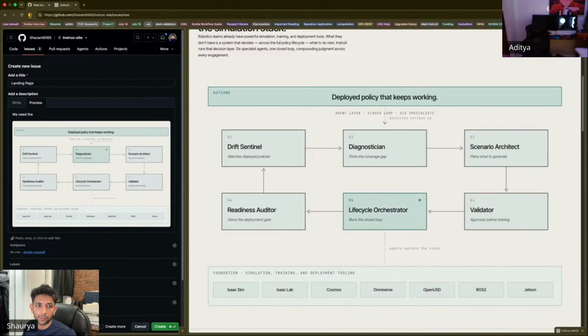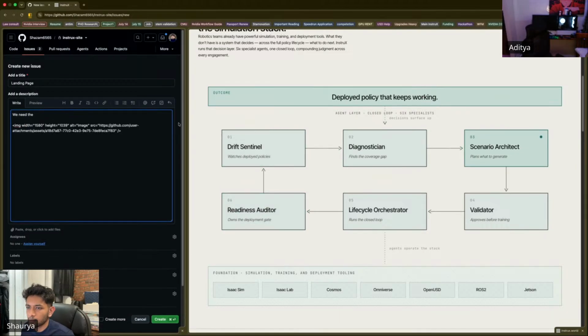Yeah, now it worked. See, bro, this is how you need to do it. Oh, you pasted with the image.